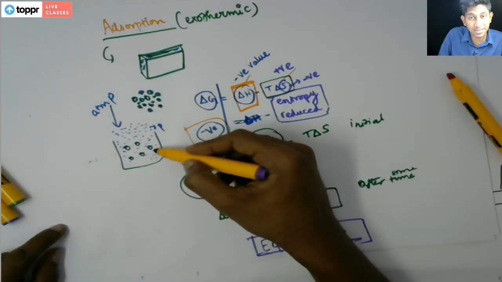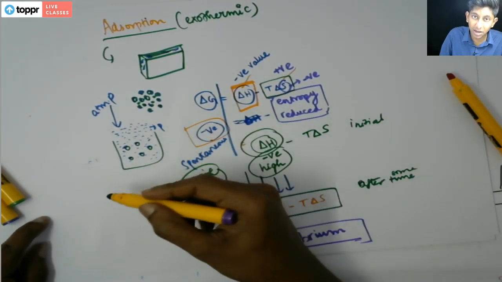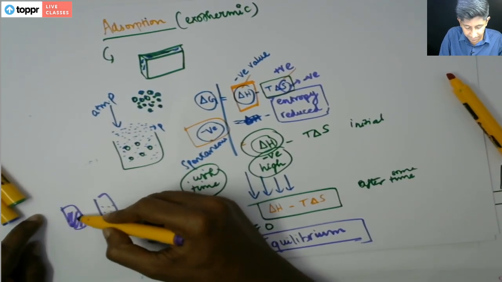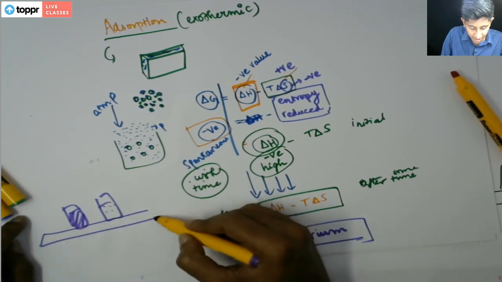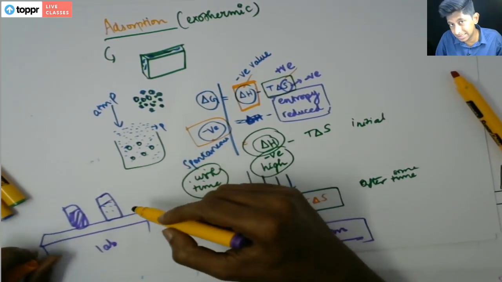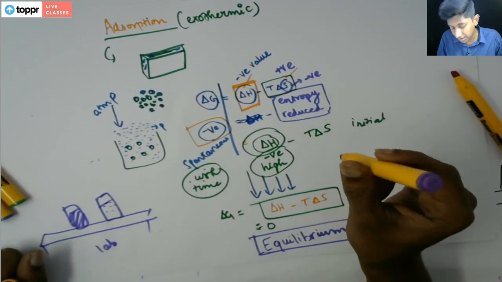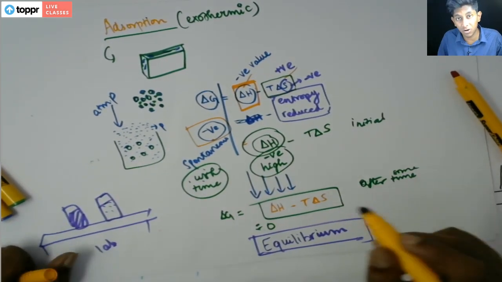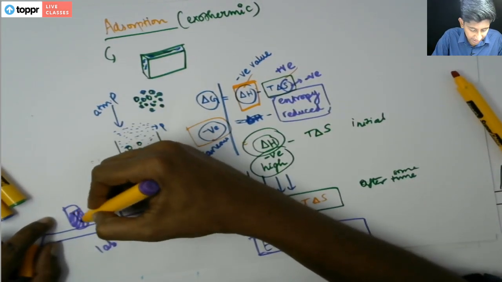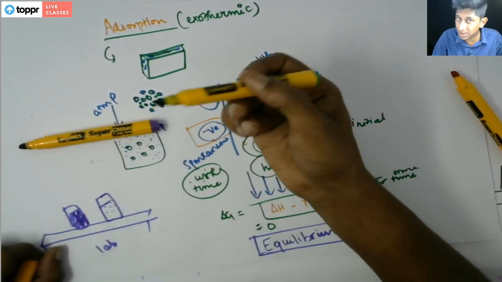So in a normal system like this, or in a lab where you can have different particles stored here and there, when adsorption happens in these cases, they already had all the time to reach a state of equilibrium. So they will already be in a state of equilibrium, which means that these particles will already be adsorbed to some extent.